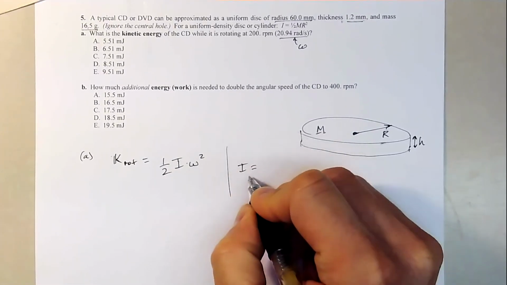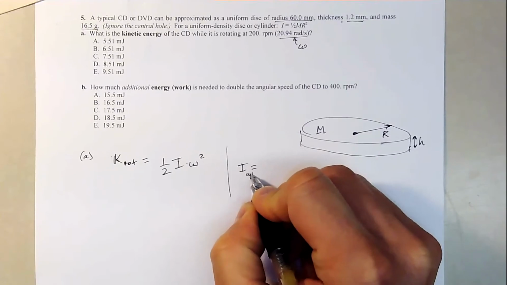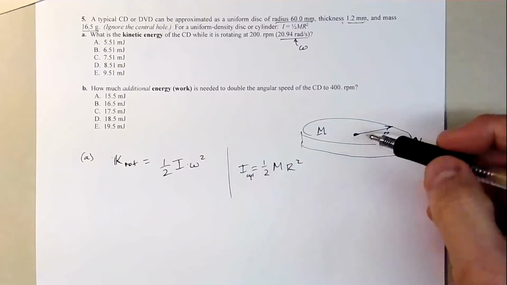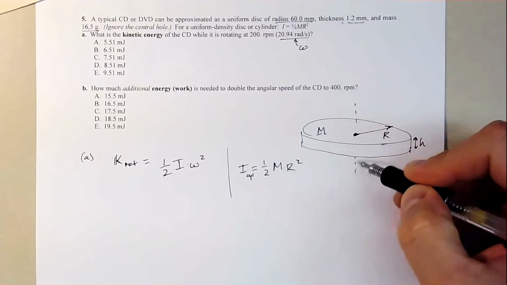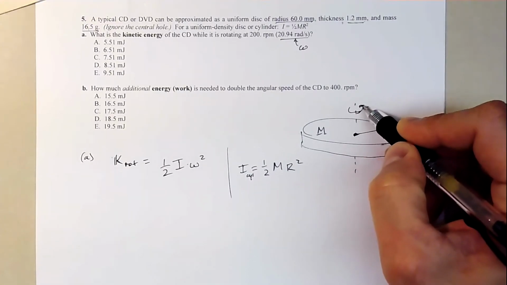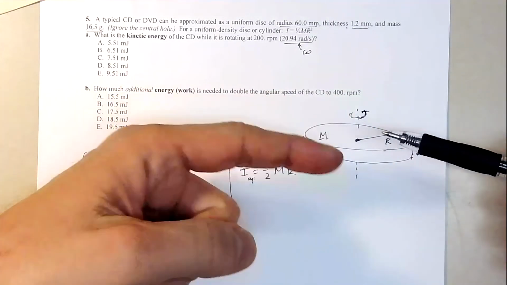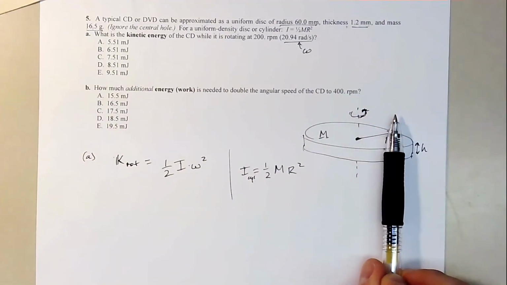I for a cylinder is equal to 1/2 mr squared, and this is for when the cylinder is rotated about its central axis like that. Bear in mind that the moment of inertia would be different if you were to flip it end over end like a coin, or if you were to move this axis somewhere else.